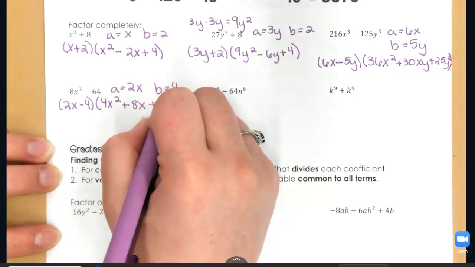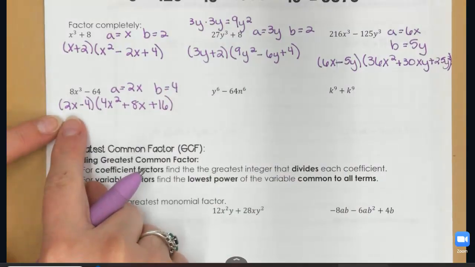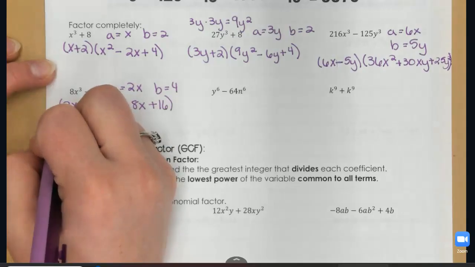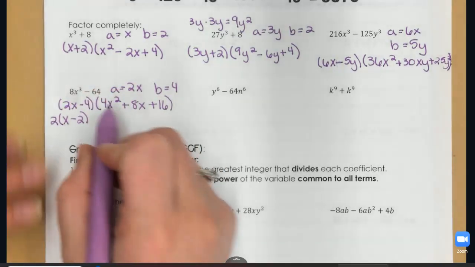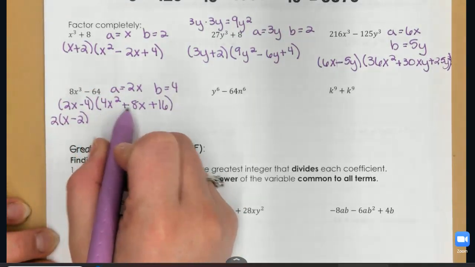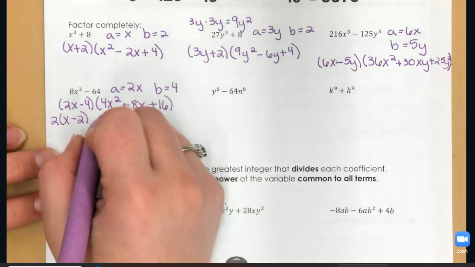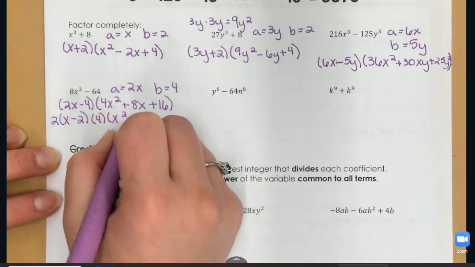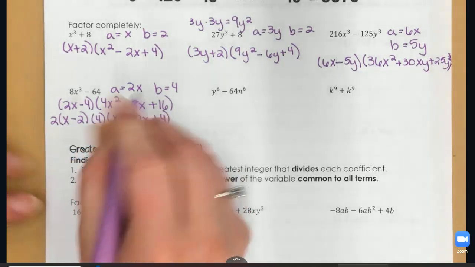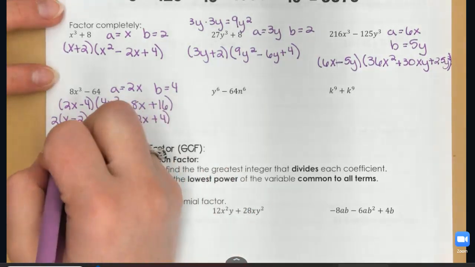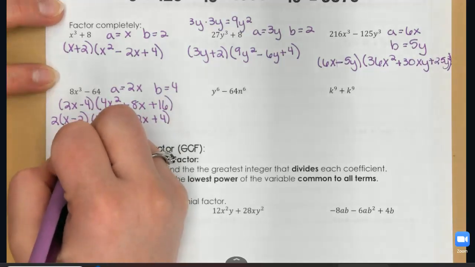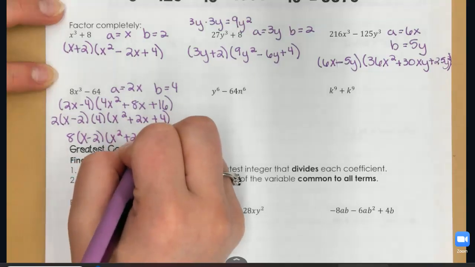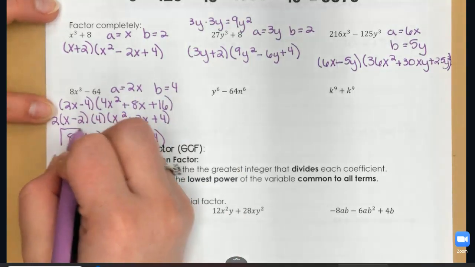4 squared is 16. Now, looking here, I have a GCF I can take out from 2x and minus 4, and that is 2. And that will give me x minus 2. And then in my second one, 4x squared plus 8x plus 16, there's a GCF of 4 that I can take out, and that will leave me with x squared plus 2x plus 4. So bringing these two coefficients to the front, I have 8 times x minus 2 times x squared plus 2x plus 4, and that is my final result.